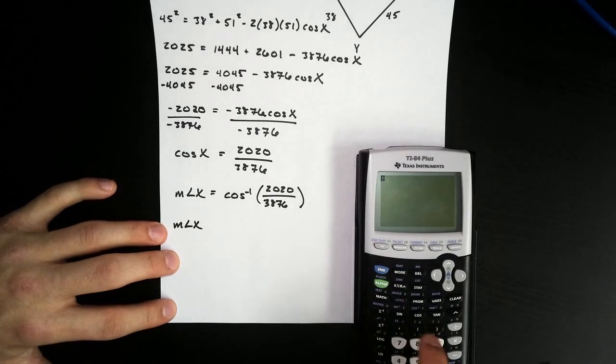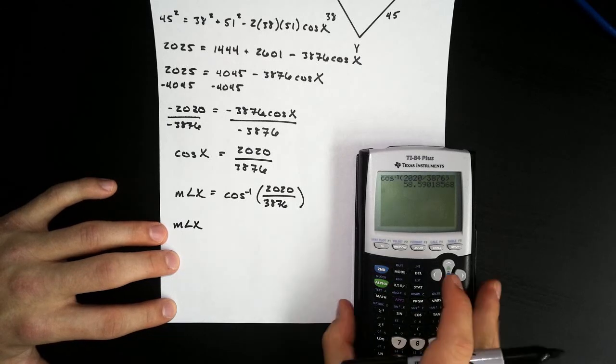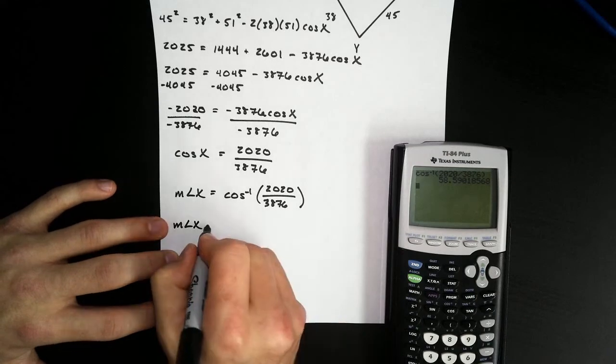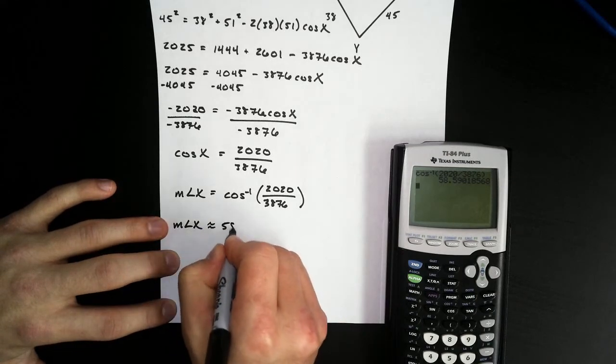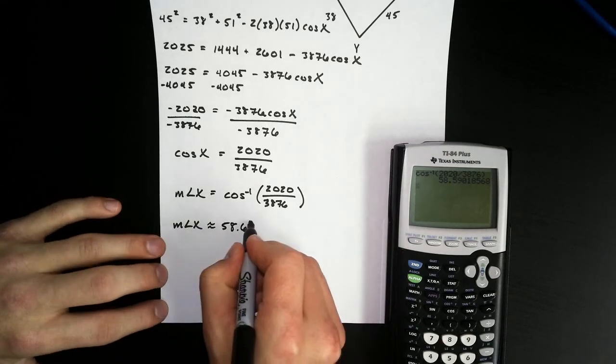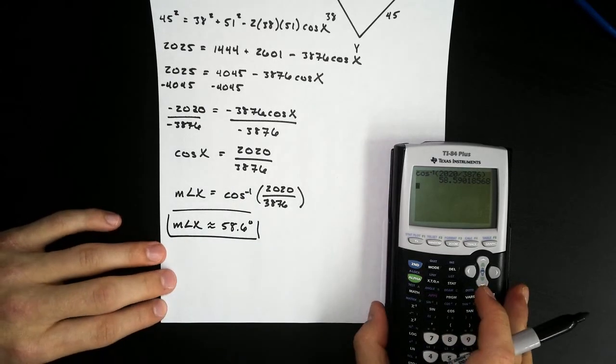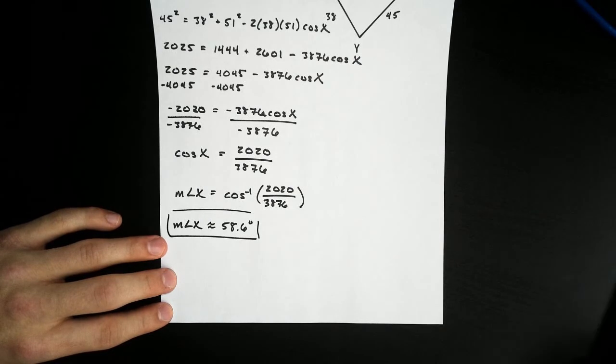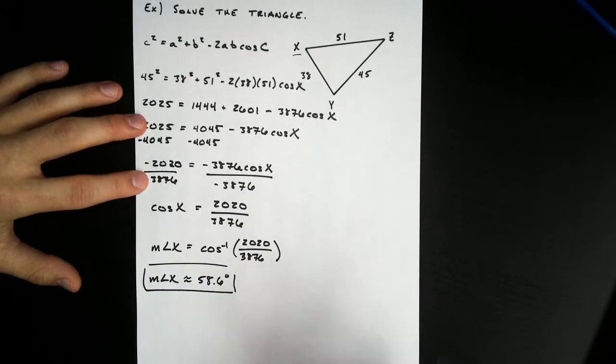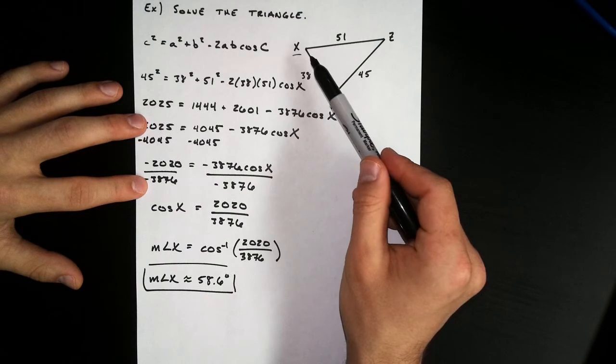So the inverse cosine, 2020 divided by 3876. We get about 58.6. Okay. So now that I know one of the angles, I know x is about 58.6.